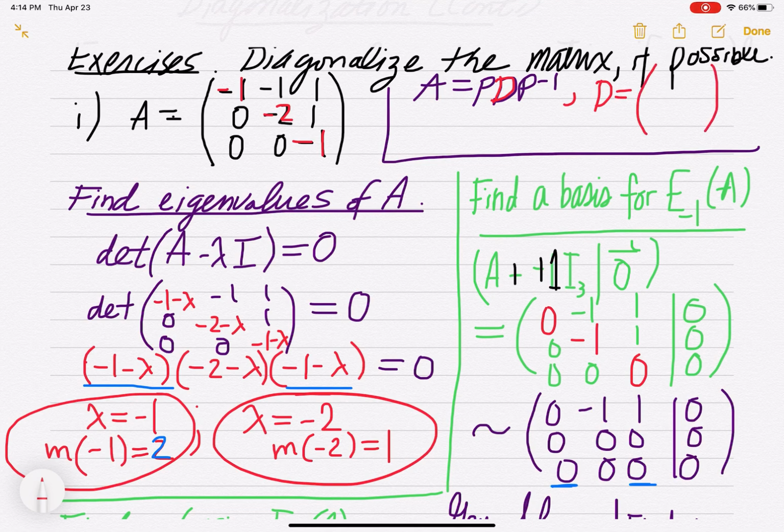It's going to be a 3 by 3 matrix. So you're going to copy down your first eigenvalues that showed up. We have negative 1, and then we add another negative 1, right? It has multiplicity 2, so you copy it down twice. And then the next eigenvalue was negative 2. That had multiplicity 1, so I copied it down once. And then 0 goes everywhere else.